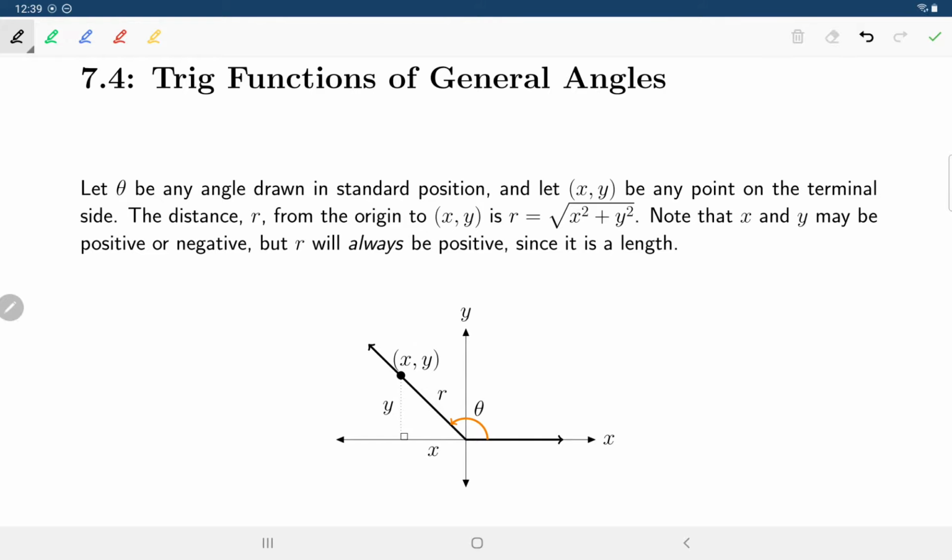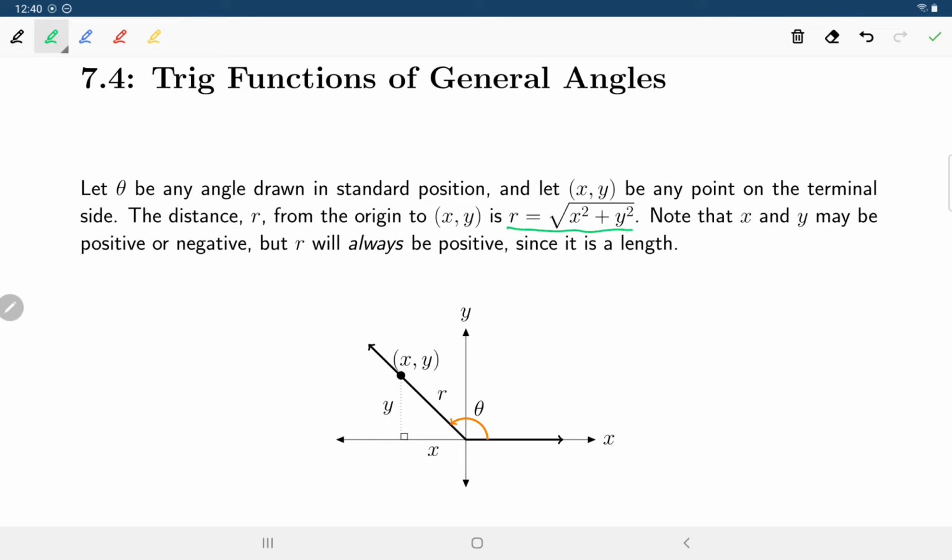And then we're going to find the distance from that origin to that point, and that distance between those 2 points, we'll call that r. And if you're using your distance formula, you would find that the distance from 0, 0 to that point xy is square root of x squared plus y squared. So that's what r will be. That will be our distance.